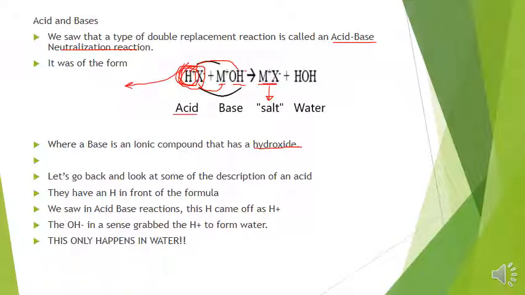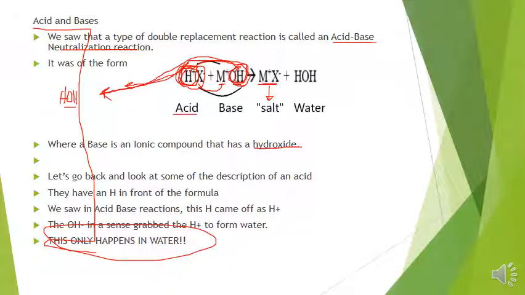In a sense, the OH minus and the H plus come together to form HOH. One way to think about it is that the OH comes and grabs hold of the H plus and makes water. So the acid gives off an H plus and the OH takes it. Now, these types of reactions will always take place in water.